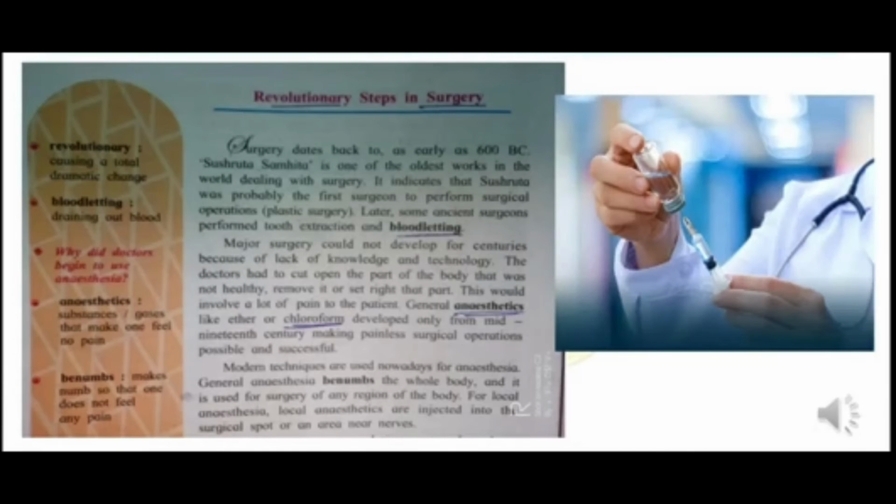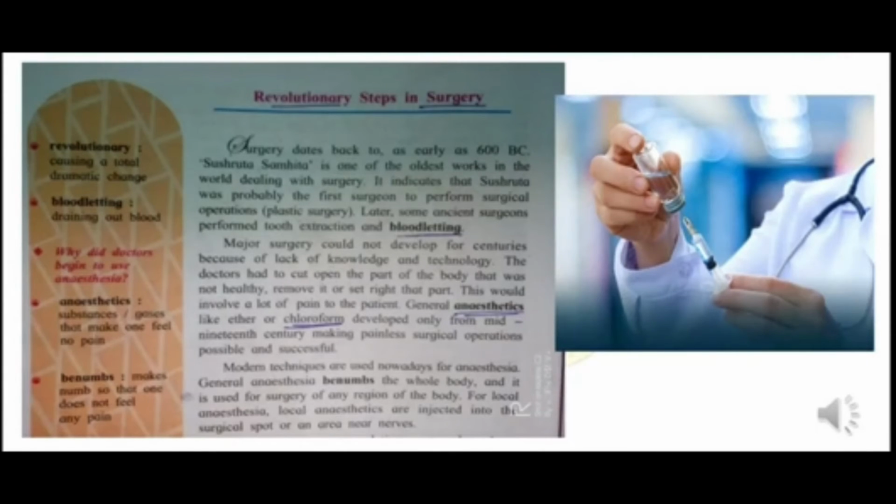Local anesthetics are injected into the surgical spot or any area near nerves. So wherever the operation is taking place, over there near a particular nerve, they inject the anesthesia in that particular area or surgical spot so that the person doesn't feel the pain.